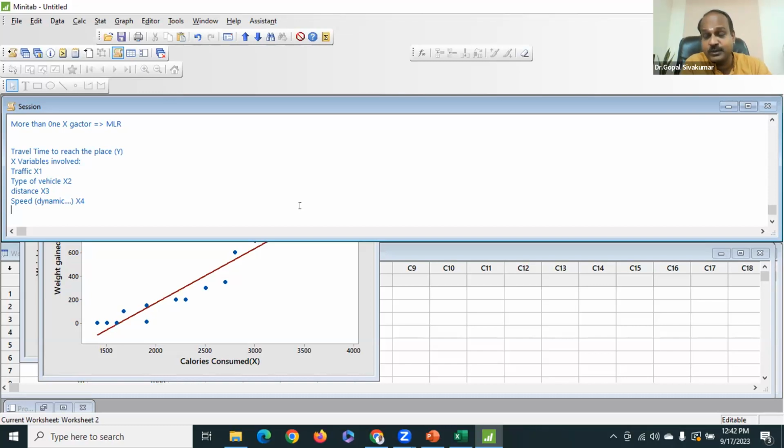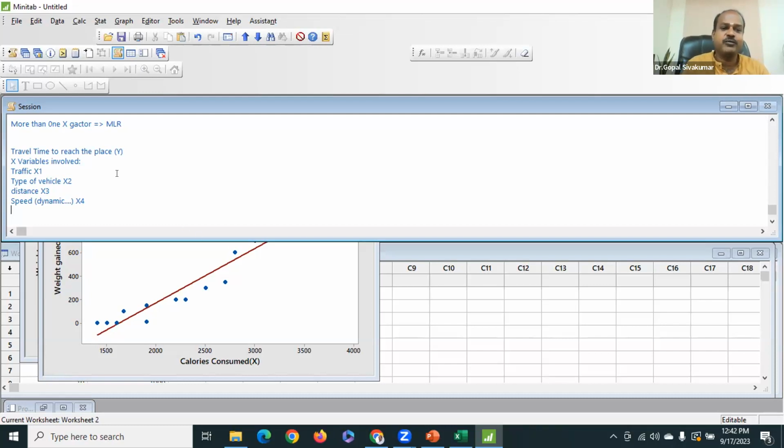And Google Map also knows the relationship of each of the factors with your output, and so it is predicting better. Yes or no? That means a regression equation is running in the back end. A mathematical equation is helping Google Map to find out the distance, find out the time.